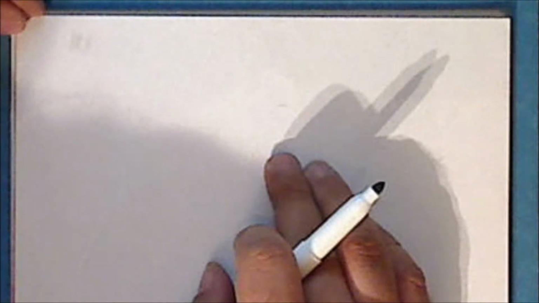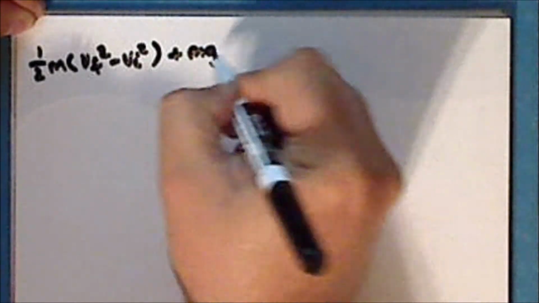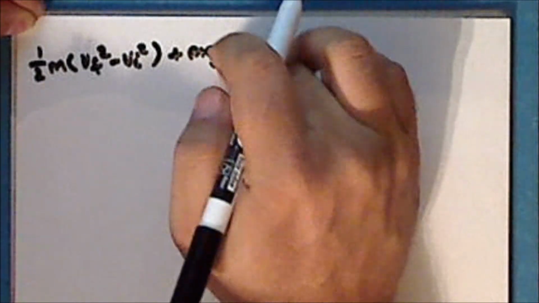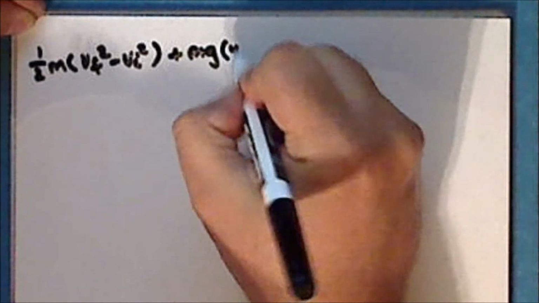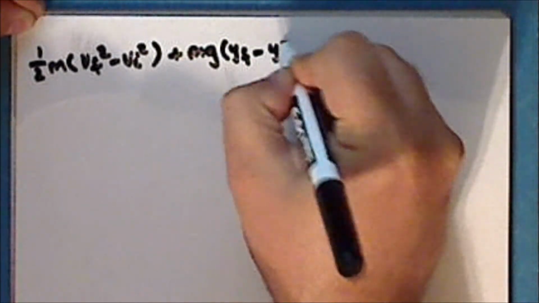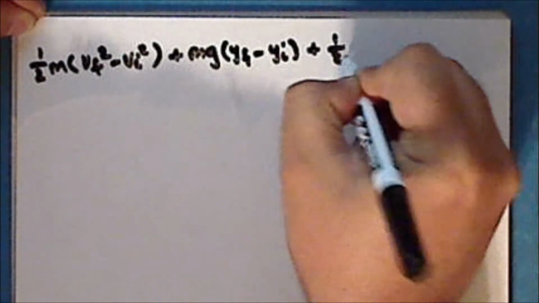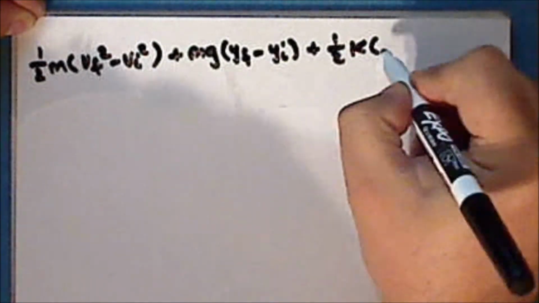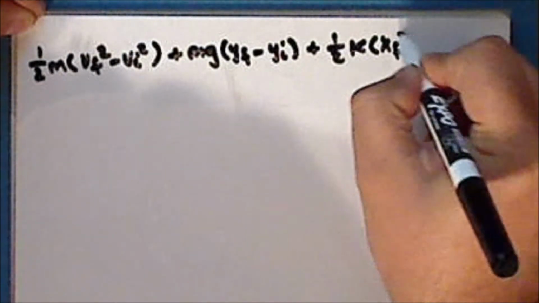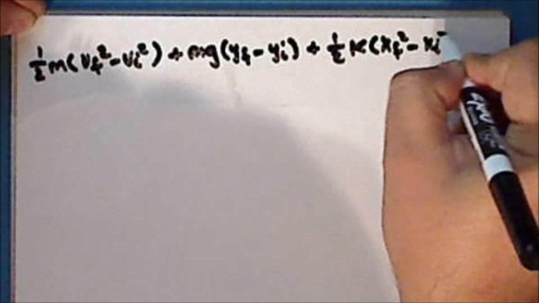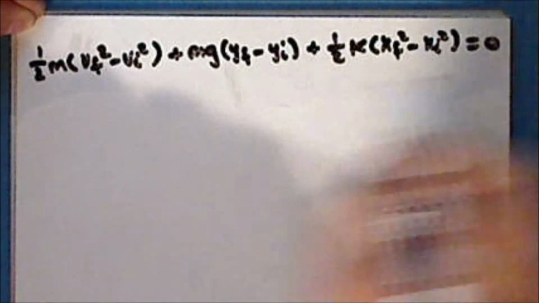So we can apply conservation of mechanical energy. And so we have 1/2 the mass times the quantity, the final speed squared minus the initial speed squared, plus the mass times the acceleration due to gravity times the quantity, the final height minus the initial height, plus 1/2 the spring constant k times the quantity, the final position squared minus the initial position squared, is equal to 0.